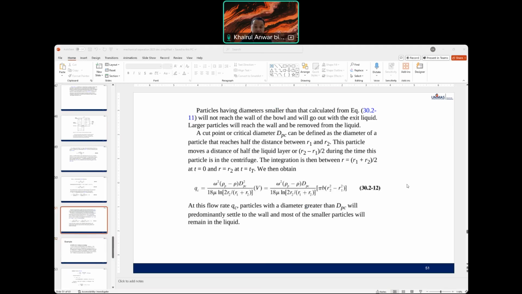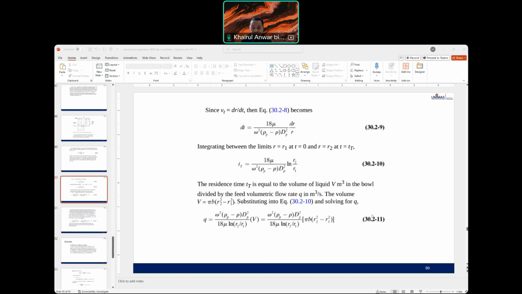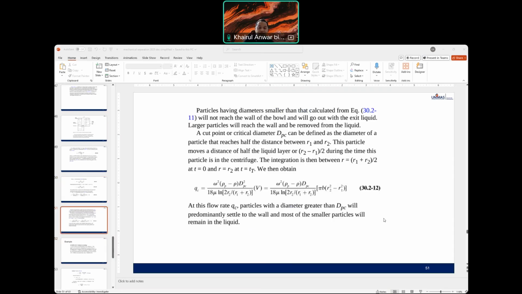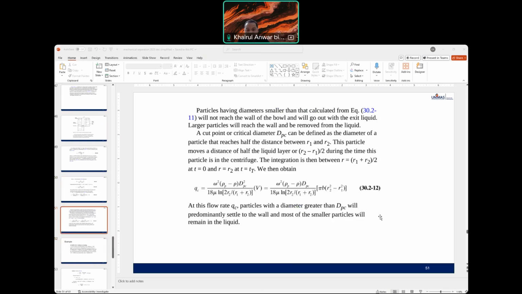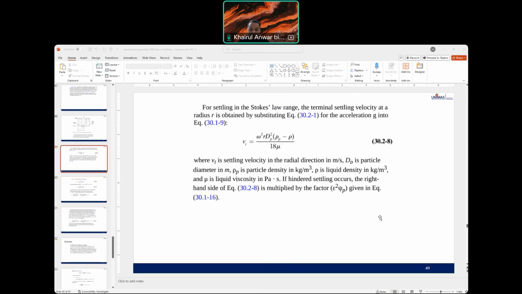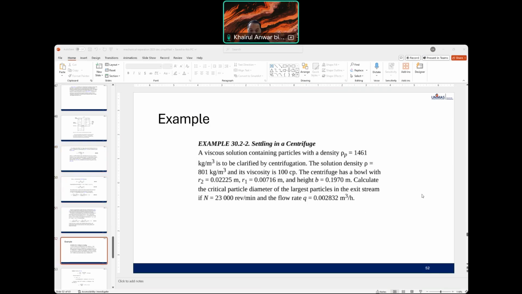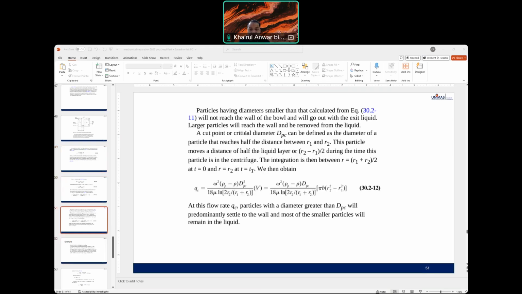The particle having diameter smaller than that calculated from equation 30.2-11 will not reach the bowl wall and will go up with the exit liquid. So the diameter of particle is dp, in meter. Larger particles will reach the wall and be removed from the liquid.